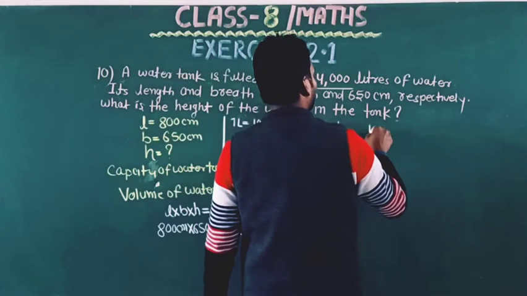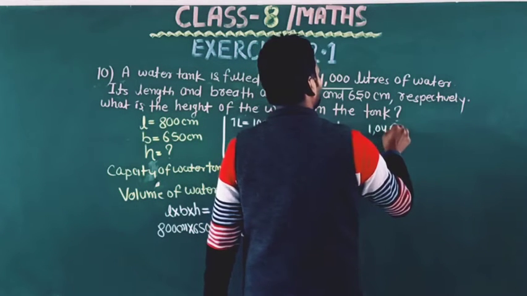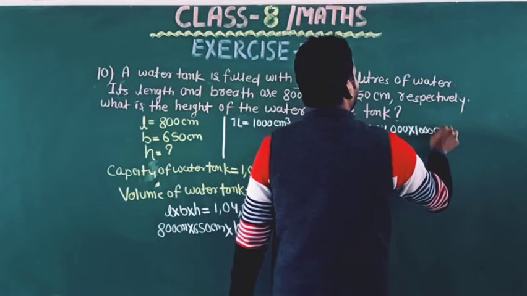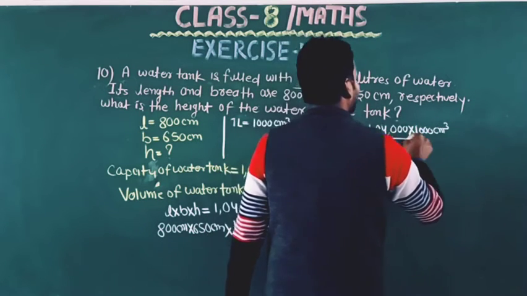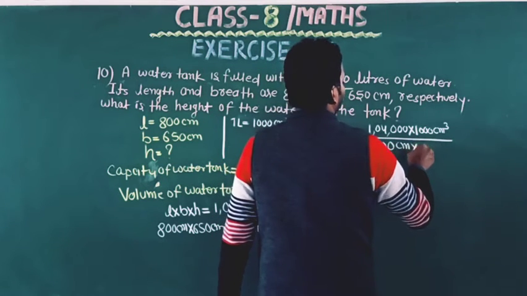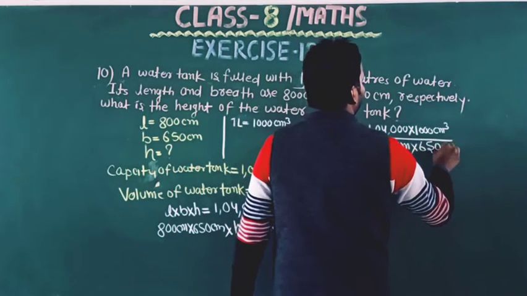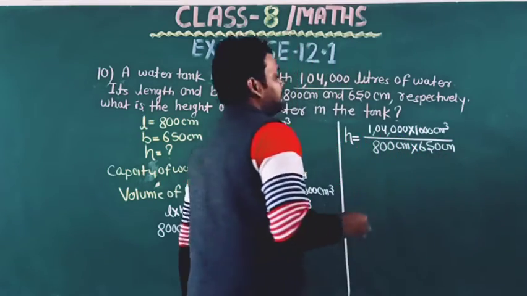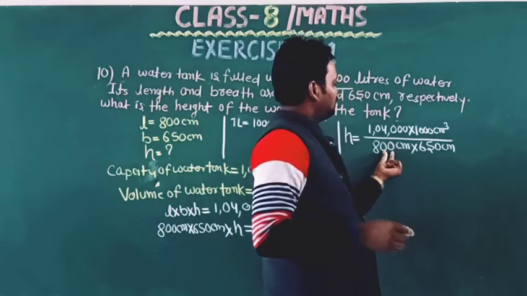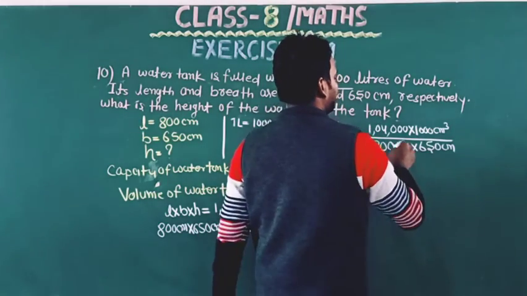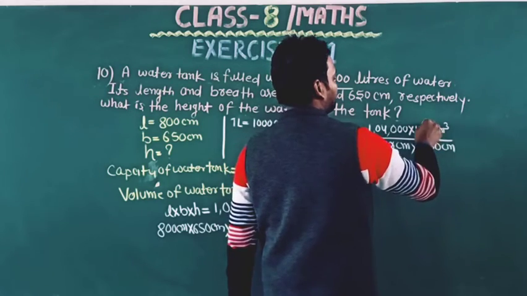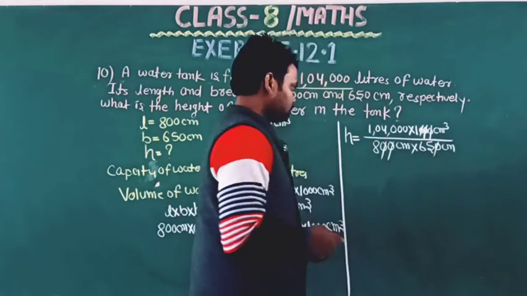So height equal to 1,04,000 into 1,000 centimeter cube divided by 800 centimeter into 650 centimeter. We can cancel out 20 from numerator and denominator, and also 10 again from numerator and denominator.